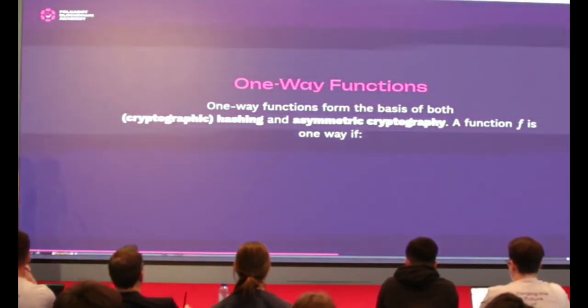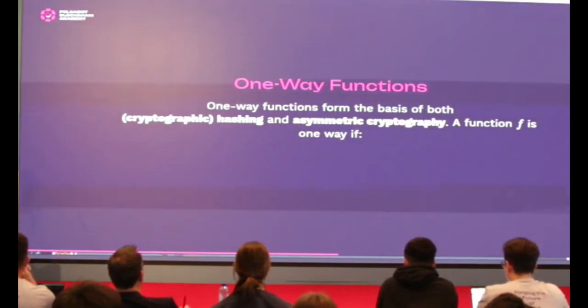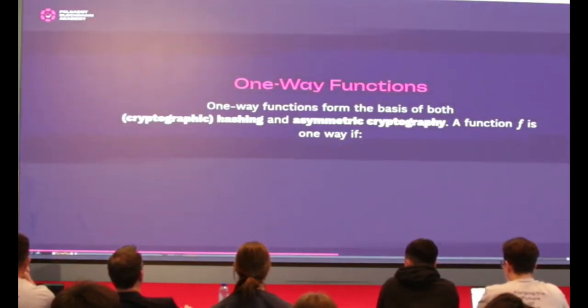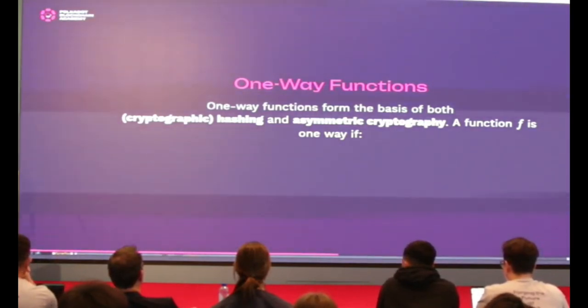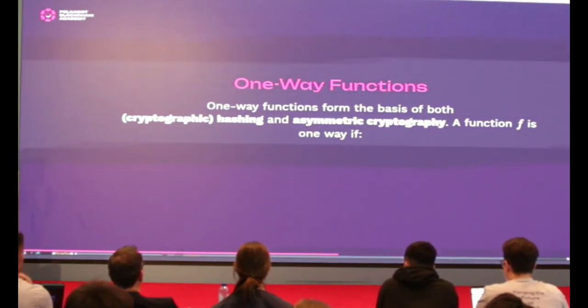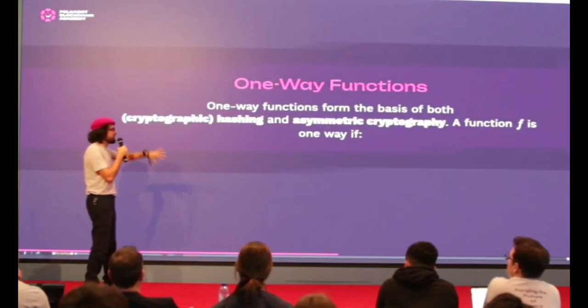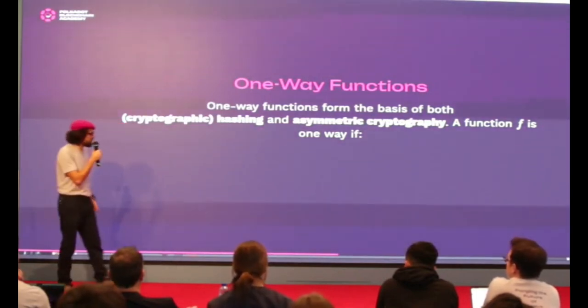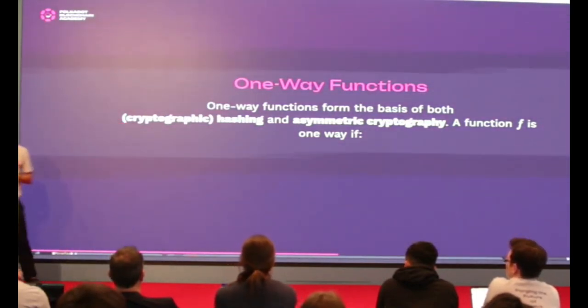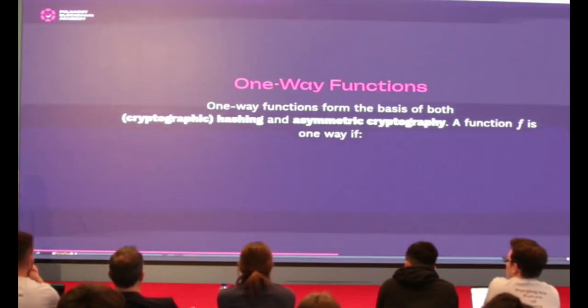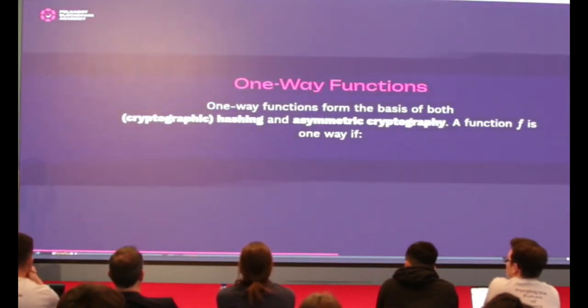The order of the tools that we are going to talk about is a bit arbitrary, but let's talk about the one-way functions. As you remember from the first diagram, we divided them into two categories, hashing and asymmetric crypto, and they share this property that we call one-way function.